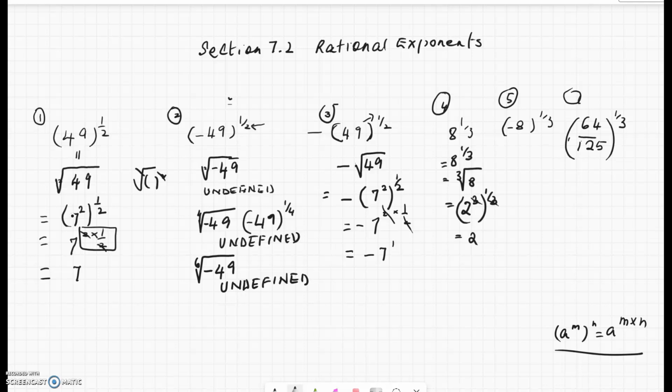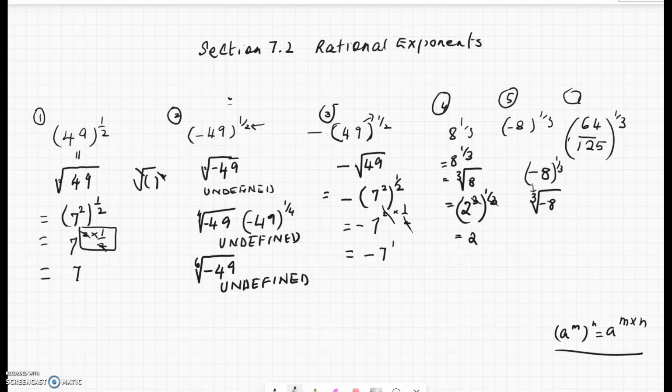Now, the next thing is negative 8 to the 1/3, which is the cube root of negative 8. Remember, the cube root of negative 8 is a negative number. If this is an even root, then that's when it's undefined. If it's the square root or the fourth root or the sixth root, then the root of a negative would be undefined.